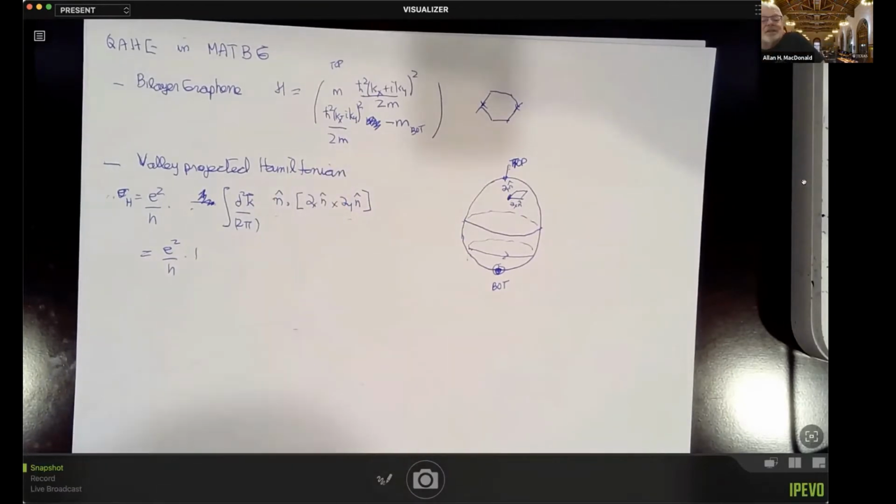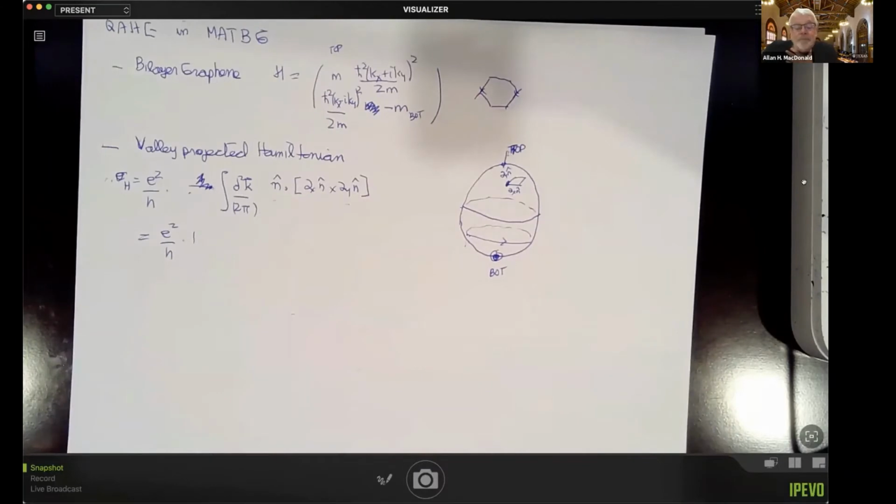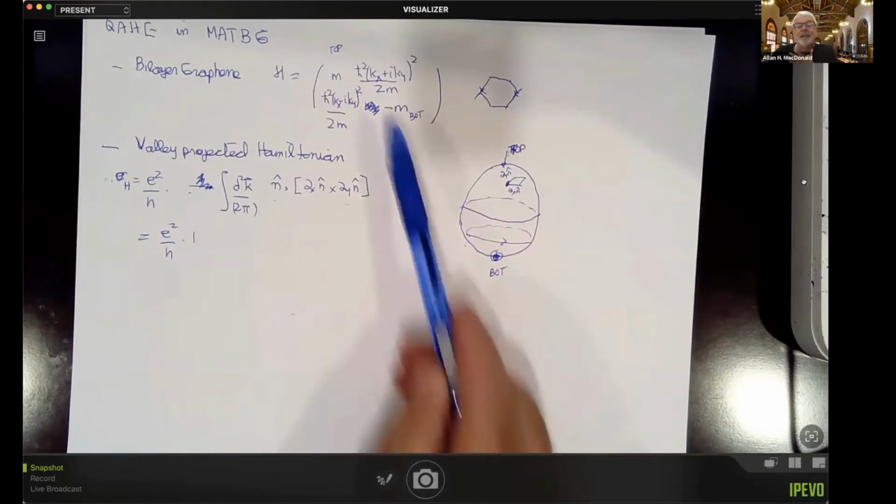But nevertheless, it's true that one of the things you do when you have a Moire superlattice is you make a Brillouin zone in this momentum space.